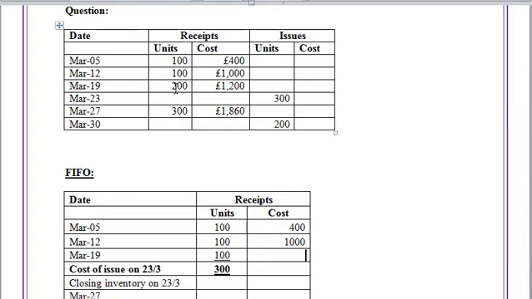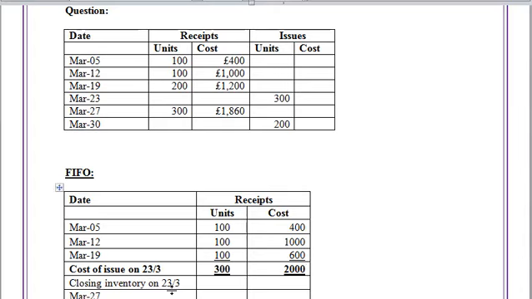I am taking half of this, 100 units from this bracket. That will be £600. So altogether, the value of the units I issued on the 23rd of March will cost me £2,000 using the first in, first out inventory valuation method.